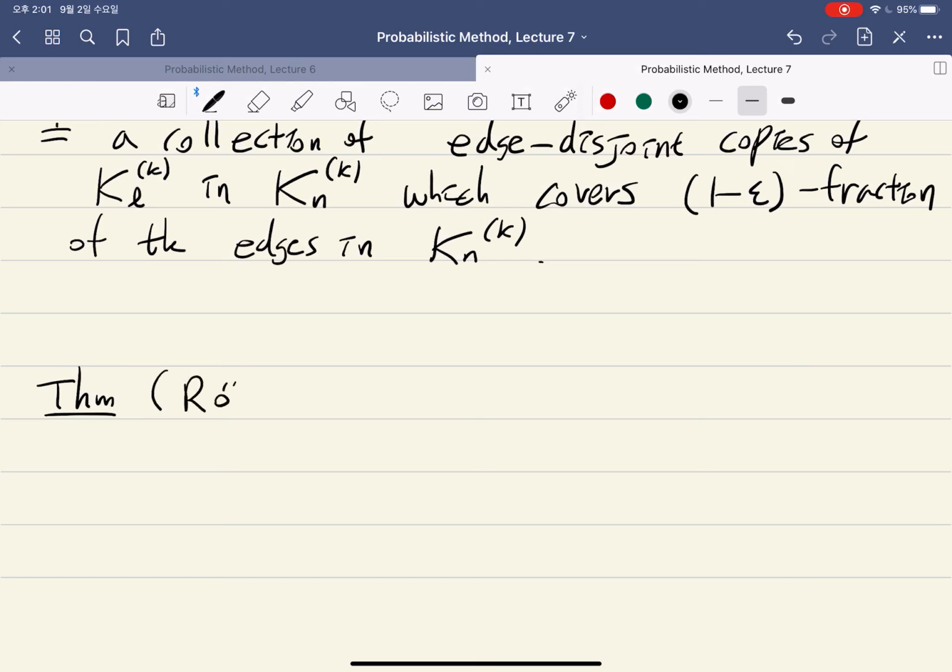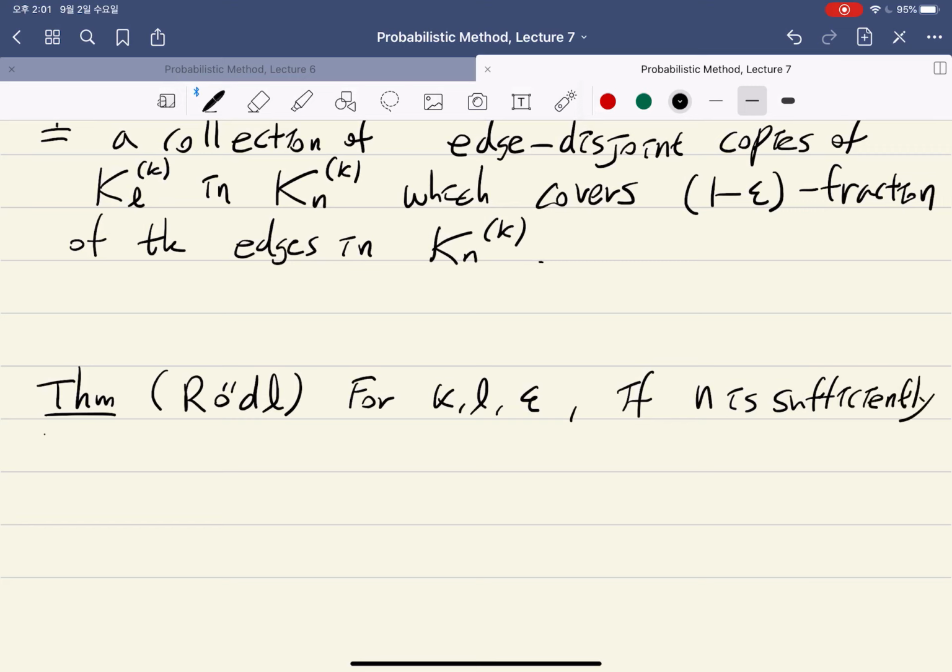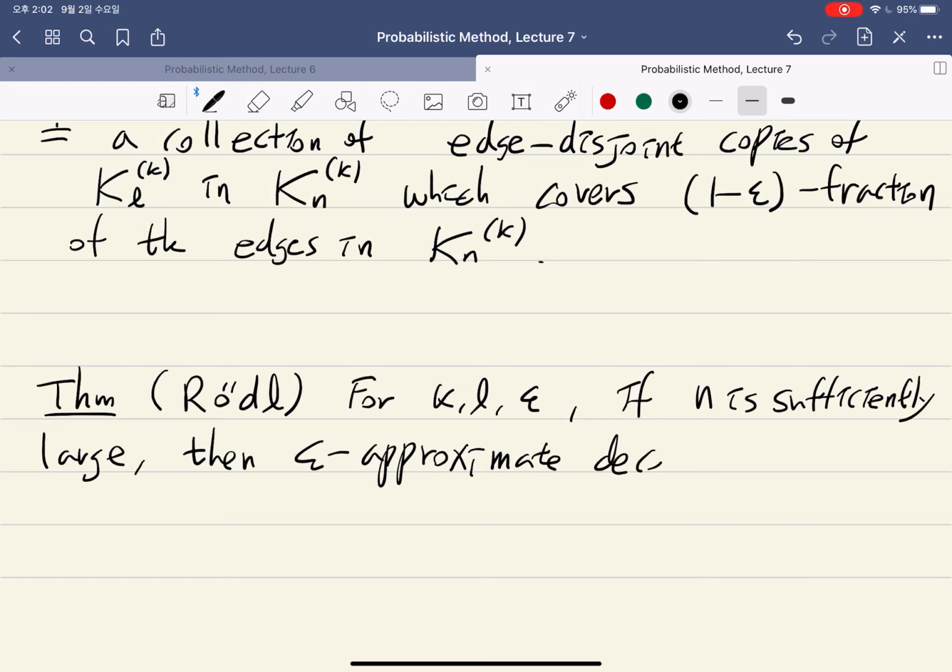Then this conjecture was proved by Rödl. So for Kl, say epsilon, if n is sufficiently large, then an epsilon approximate decomposition of Kn into Kl exists.